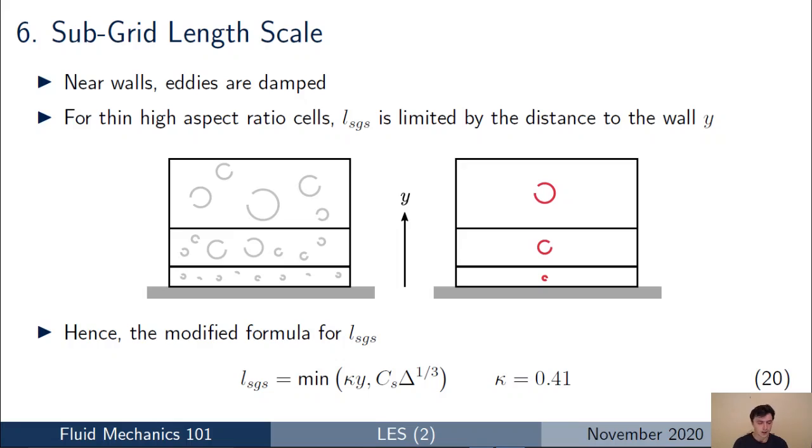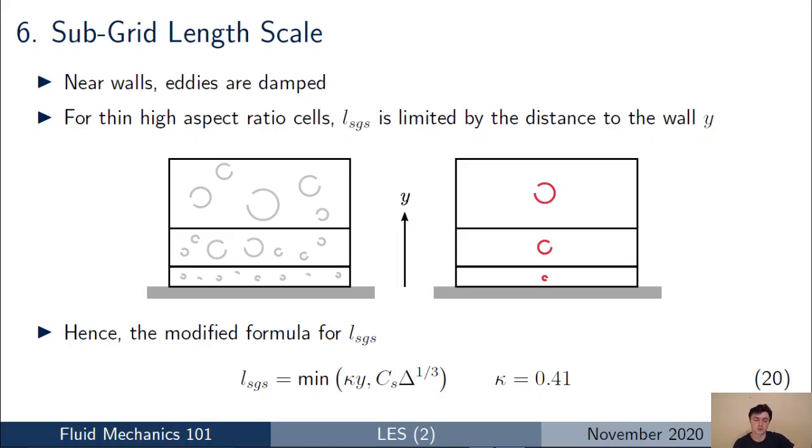And so you'll often find a modified formula for the subgrid length scale, which I've got for you there in equation 20. And the subgrid length scale, or the effective size of that eddy close to the wall, is going to be the minimum, or whichever is smaller, of the distance from the wall and the cell volume itself.